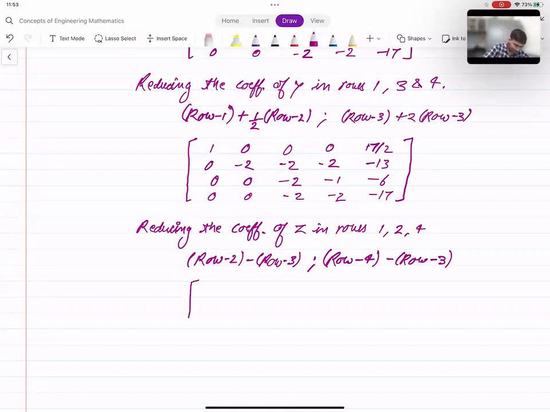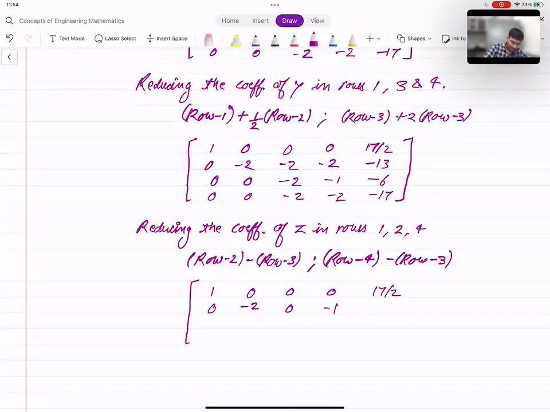So this now becomes 1, 0, 0, 0, 17 by 2. This will be unchanged, 17 by 2. Then we will have here 0, row 2 minus row 3, so 0, this is minus 2. This again becomes 0, and this becomes minus 1.